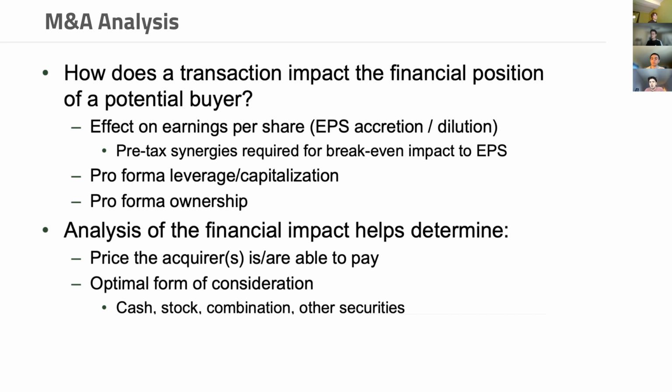But an interesting note I'll make is that a research paper came out in the Harvard Business Review a couple years ago that spoke about accretion dilution in M&A deals. Essentially, a lot of deals that were projected to be accretive in the long term turned out to be dilutive.